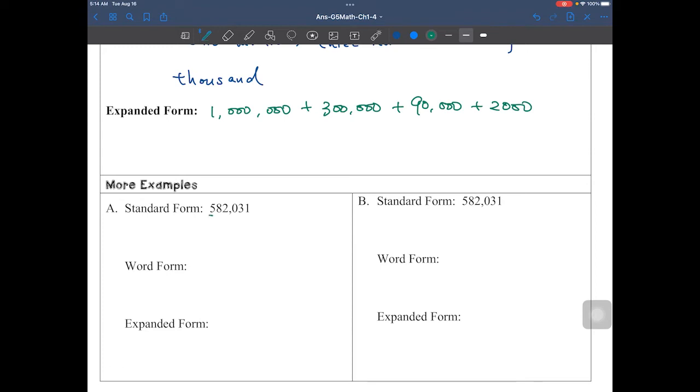This is 582,031. So I have 500, 82,000 and 31.